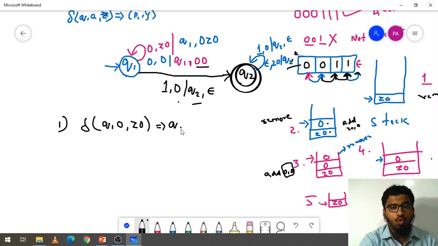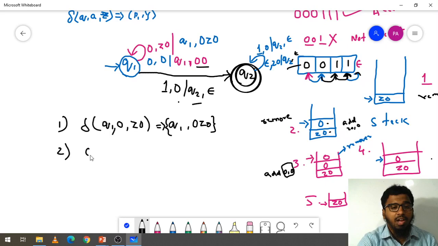We are getting q1 comma 0 Z0. So when we have delta q1 comma 0 comma Z0, at that time we are getting q1 comma 0 Z0.